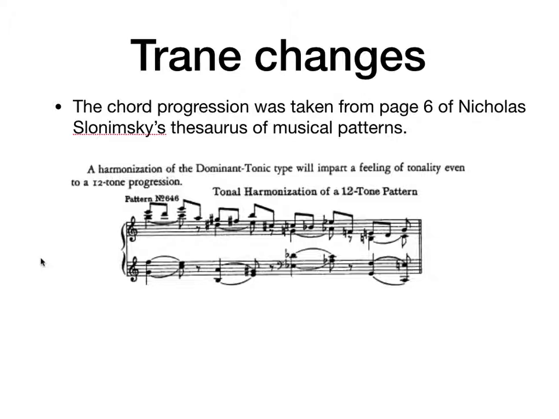So he's taking each chord and putting its respective dominant before it. He's preceding it with the dominant, so it reinforces each one of the chords of the progression, and as Slonimsky argues, gives a feeling of tonality.